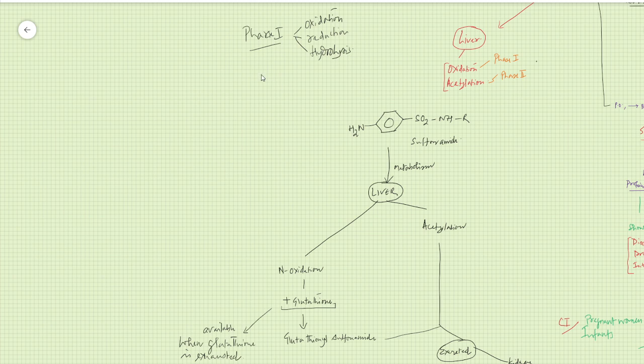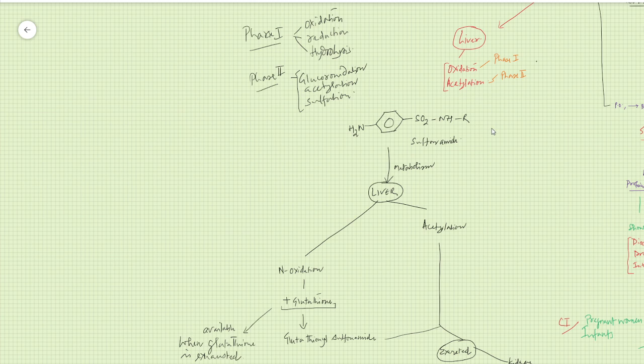These are all phase 1 reactions. What about phase 2? Phase 2 is when something gets conjugated. So we have glucuronidation, acetylation, sulfation. Those are all examples of phase 2. So now we know why oxidation is a phase 1 process, and acetylation is a phase 2 process.